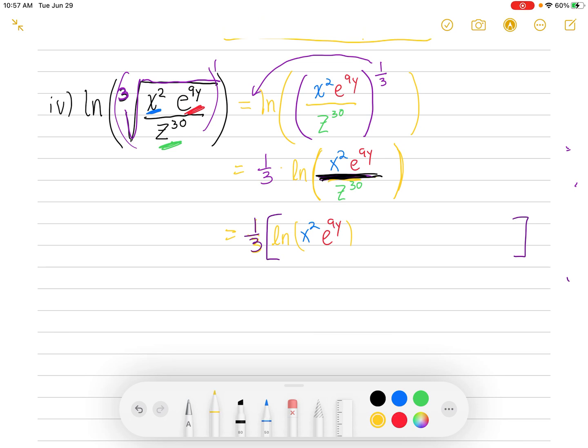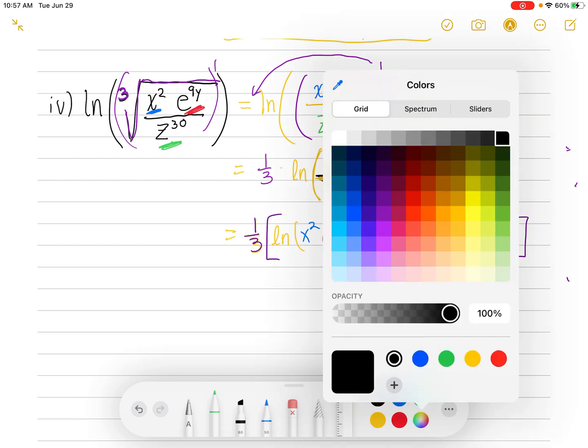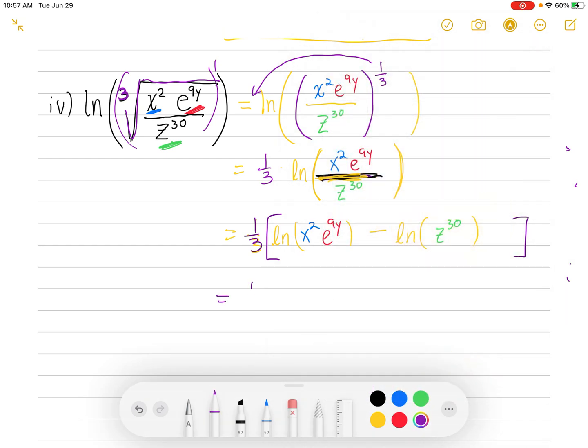So this log is going to break up into two parts based on this division inside of the argument. We're going to have the natural log of the top, x squared e to the 9y, and the division becomes a minus sign when it breaks up into two logs. And then you have the natural log of z to the 30 power. Okay?